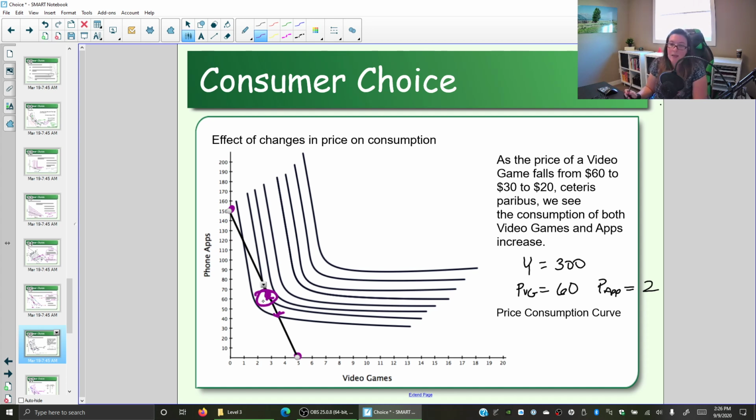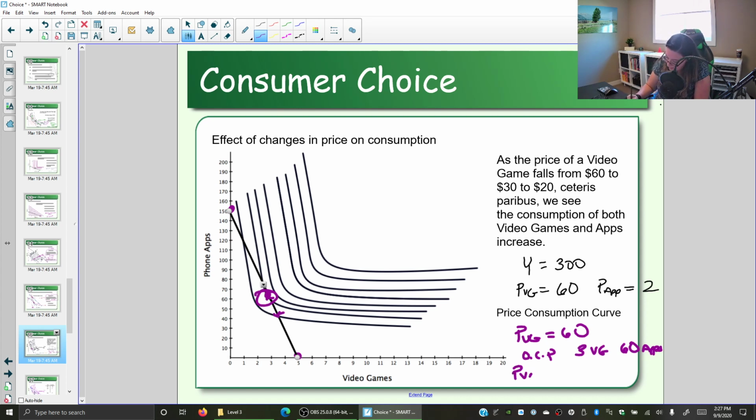Well, we found in previous videos that when the price of a video game is 60, that optimal consumption point, we'll just use OCP to abbreviate, was 3 video games and 60 apps.